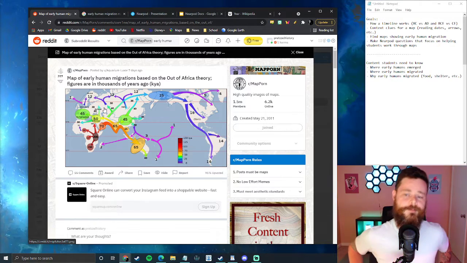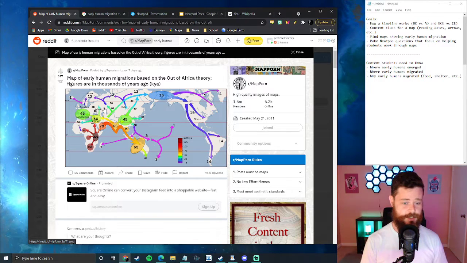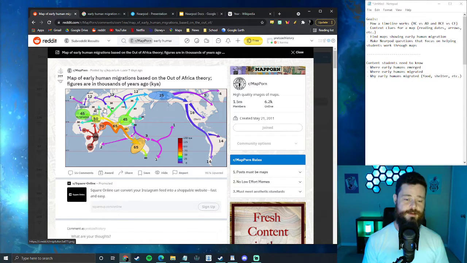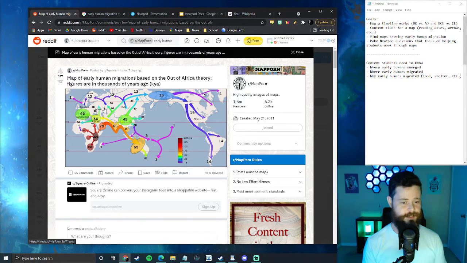One thing that students always mention when I show them several different maps in succession is that some of the numbers are maybe a little bit off or a little bit different or might be conflicting a little bit.